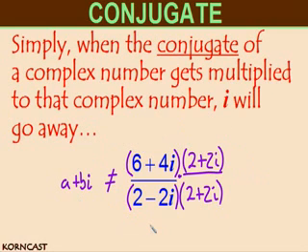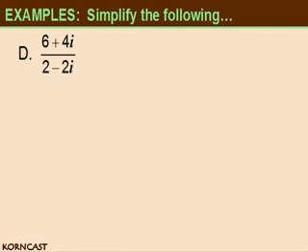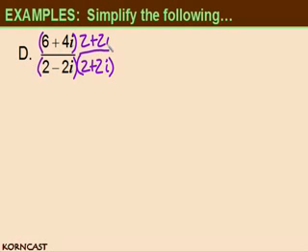Now let's take a look at this process as an example. Again, I want to multiply the denominator by its conjugate. So 2 plus 2i. When I do that, I also must multiply the numerator by 2 plus 2i. So what I'm really doing here is I'm multiplying a fraction times a fraction.